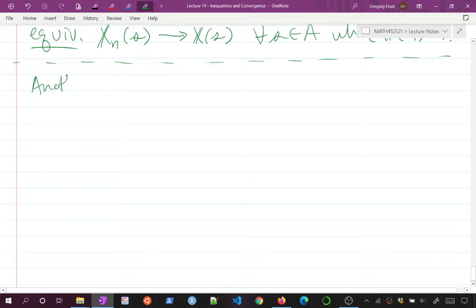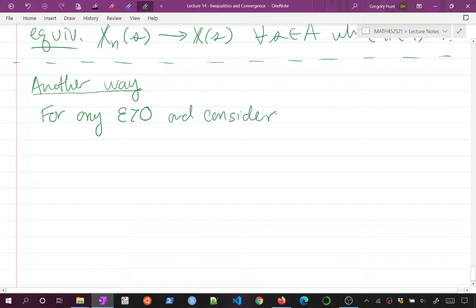Another way to think about this, and I'm not going to prove that it's true, although I think it's not too bad, is to look at any epsilon bigger than 0. Let me pick any small epsilon and consider some event En, which is the event that the absolute value of xn minus x is less than epsilon.